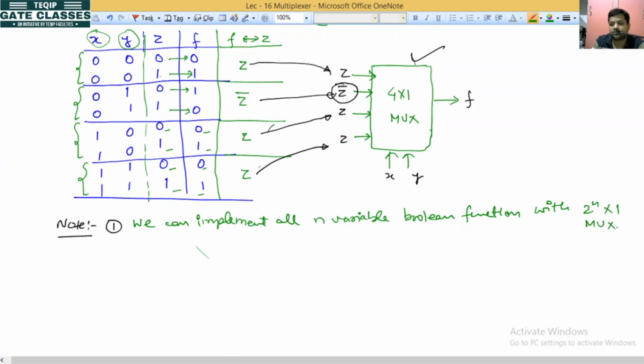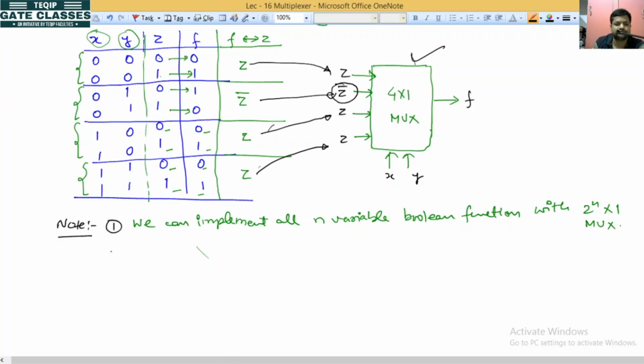In approach 1 there was no such condition. If you have an n variable Boolean function, then you can implement it with the help of a 2 to the power n cross 1 mux. So with a 2 to the power n cross 1 mux, as we saw in approach 1, you can implement all n variable Boolean functions. Okay?